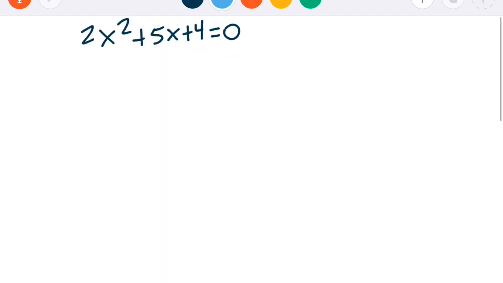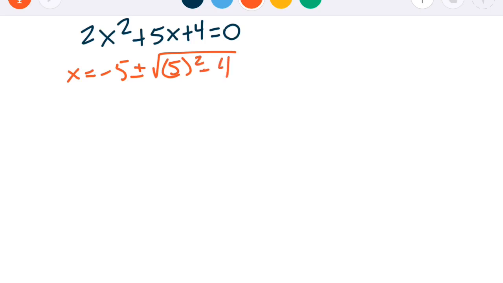We have one more. This one is a little bit different, as you're going to see. So the quadratic formula, first step, we're going to plug in all the numbers. X equals negative b. B is positive in this case, it's 5, so negative b would be negative 5 plus or minus the square root of b squared minus 4a, in this case 2, times c, which is 4, all divided by 2a.